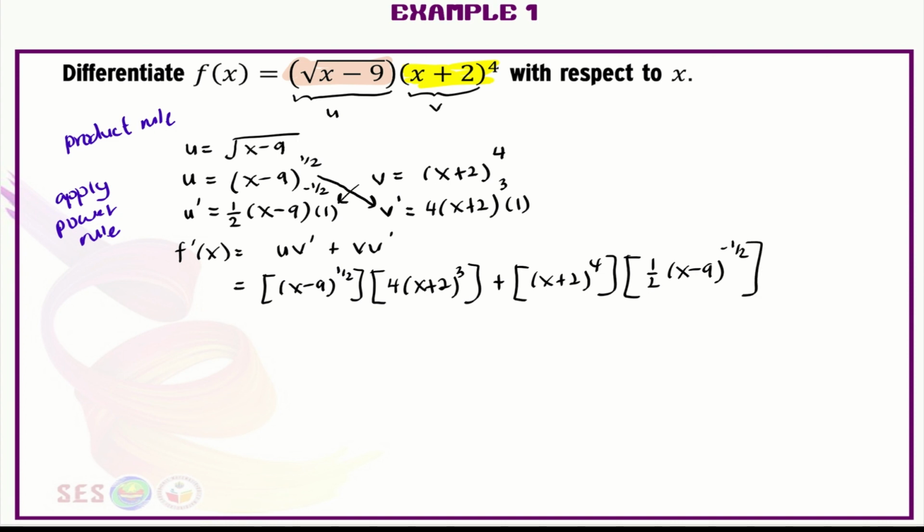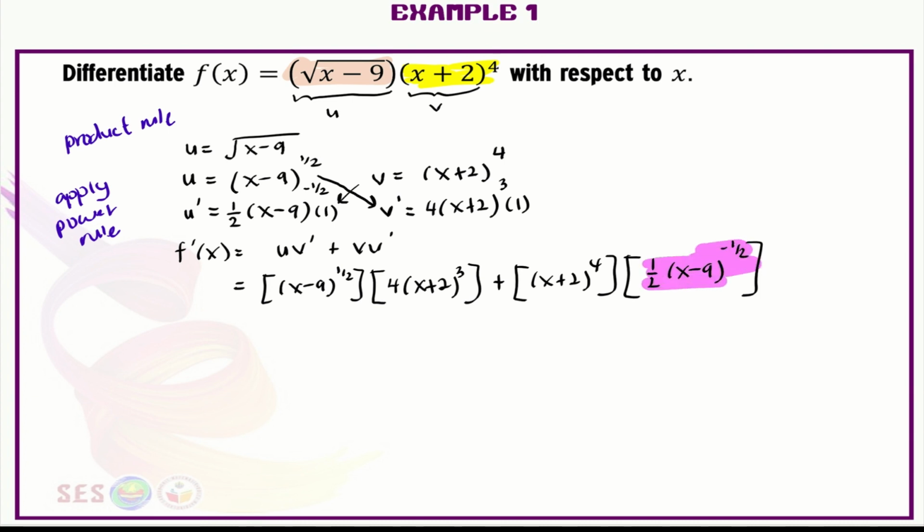Now our job is to simplify this solution into its simplest form. As you can see here, we've got this 1 over 2, (x minus 9) to the power of negative 1 over 2. Let us try to change the form here.